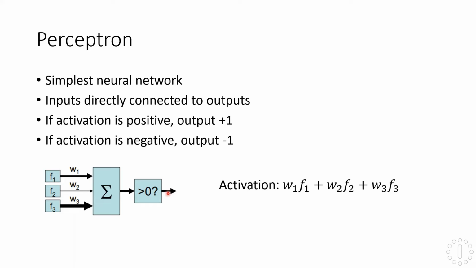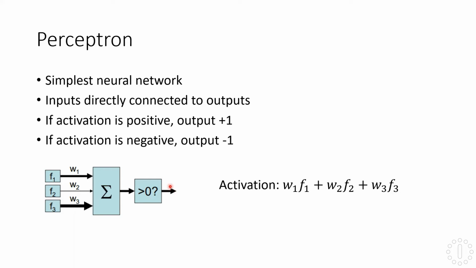In the output, these products are added together, and then we transform this using what's called an activation function. The activation function takes this value that we just computed and transforms it, and this will give us the output signal of the neuron that this sum arrives in.